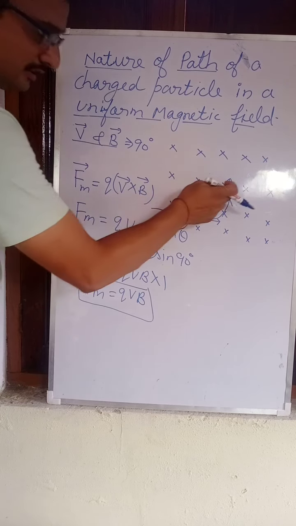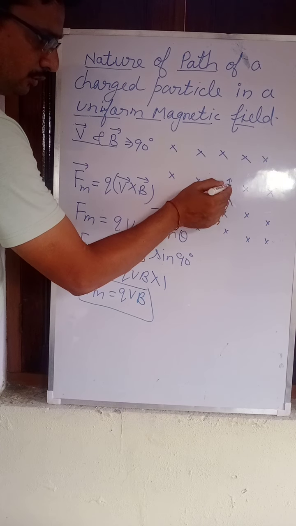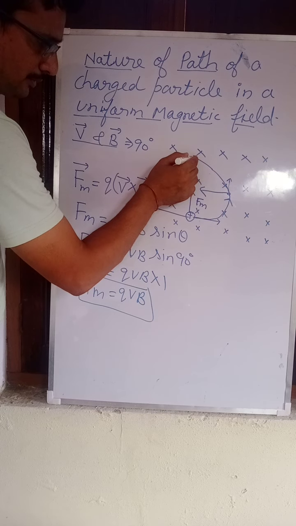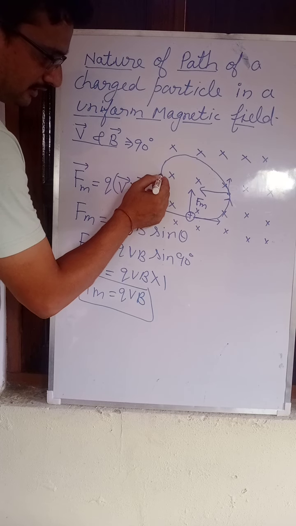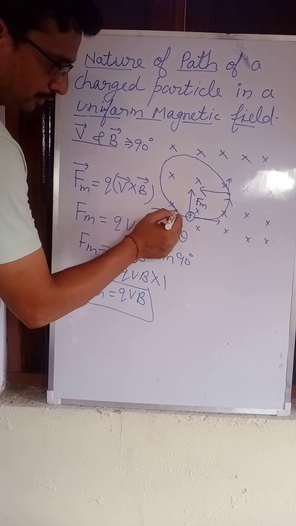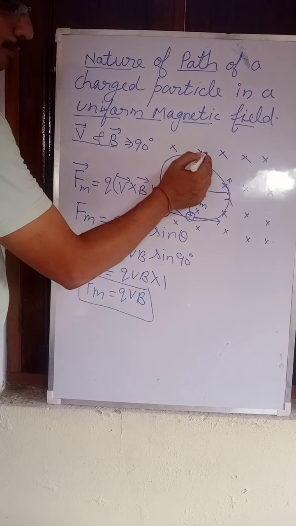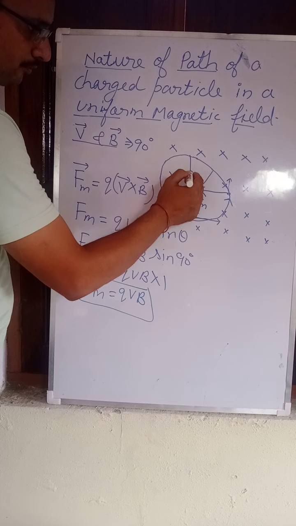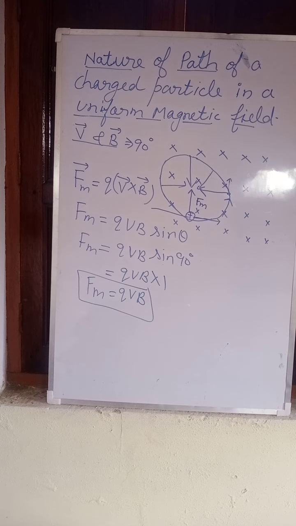So like this the force will be in this direction. So we can take our assumption, the charged particle will move in a circular path because at every point the force will be directed towards the center of this circle.